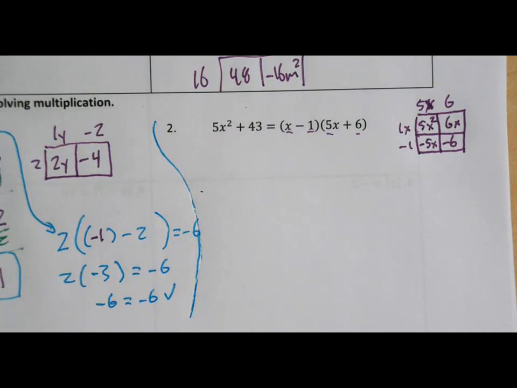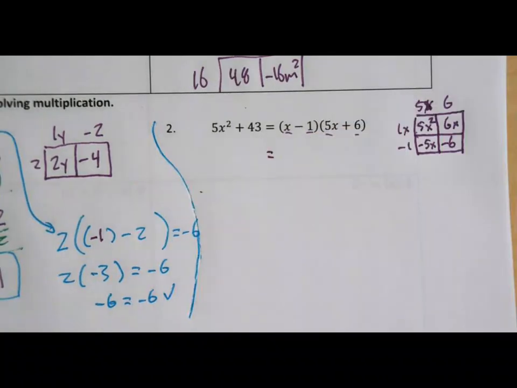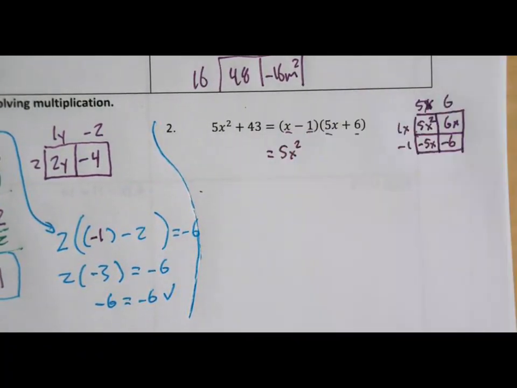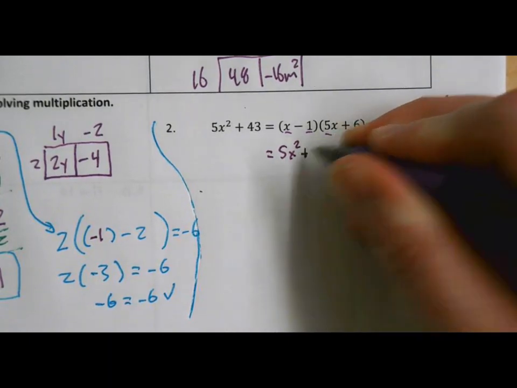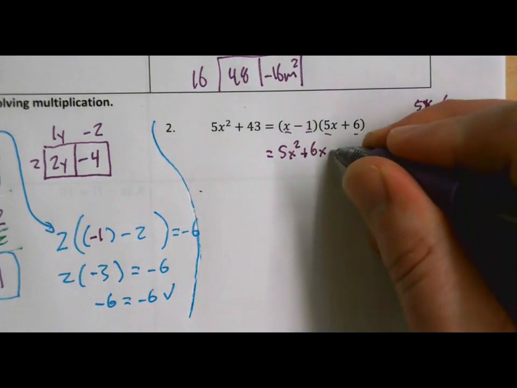I'm just going to take all that stuff and write it right underneath where that came from. It came from these parentheses here. So we got 5x squared. And I apologize, guys. You're going to have to write pretty small here. I did not give a ton of space on this handout.